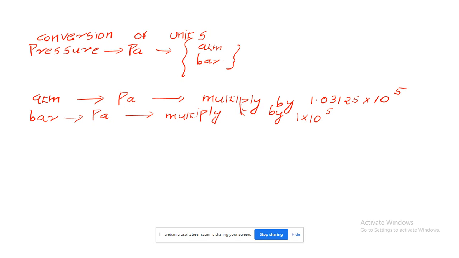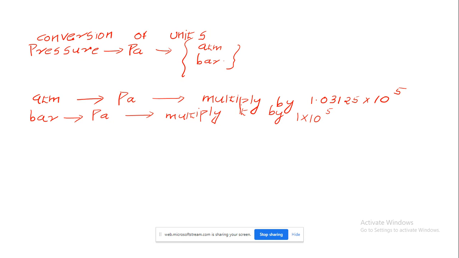If it's 1 bar, you have to multiply it by 1 into 10 raised to 5. So this is for pressure.